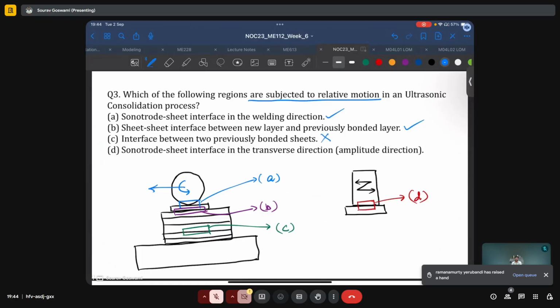So this is undesirable. And D, the sonotrode sheet interface in the transverse direction again should not undergo relative motion because we introduced knurling patterns on the sonotrode surface so that it grips the top surface of the sheet really well, and the sheet being printed in the current layer moves along with the sonotrode. So any sort of relative motion here is again undesirable. So options A and B are correct.